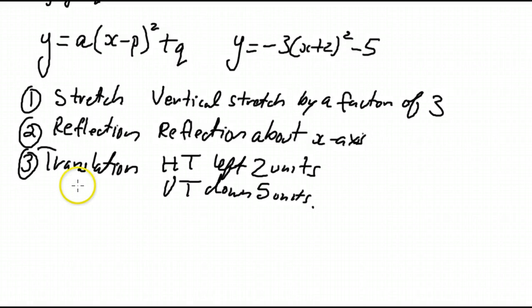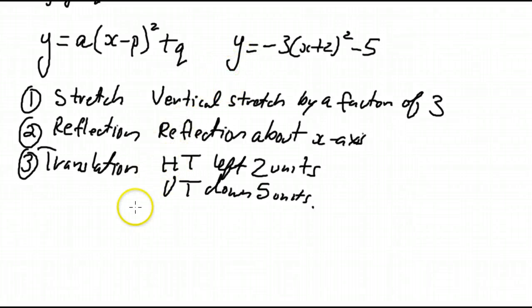The next worksheet we did was equations of parabolas, and that is, given an equation, be able to describe. So for example, what we just did here, given this equation, be able to describe what's happening.